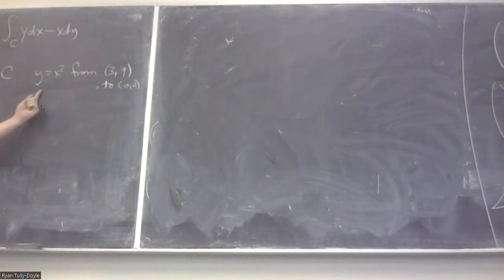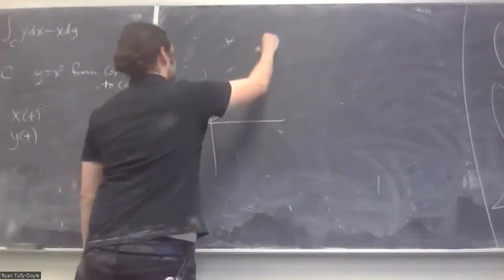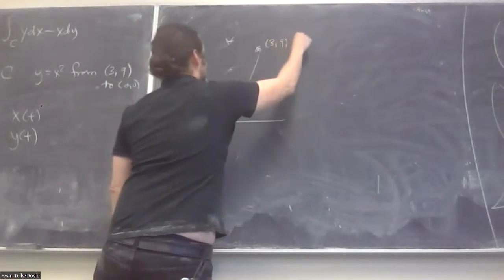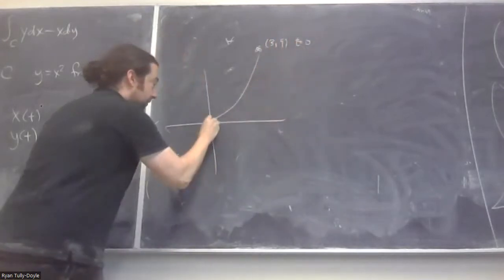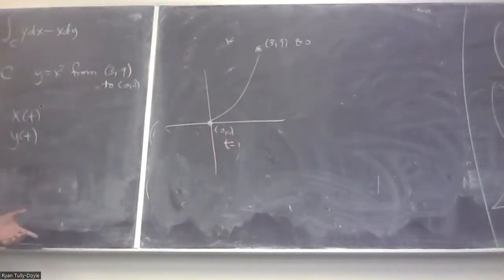Maybe I can figure out a function that describes this path as a function of t, an x of t and a y of t, so that I'm traveling along the path from (3, 9). Maybe I could start here at t equals 0 and end up at (0, 0) at t equals 1.